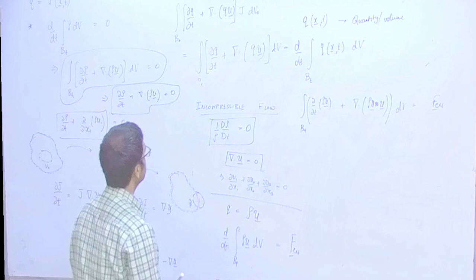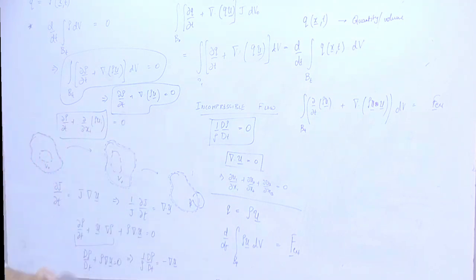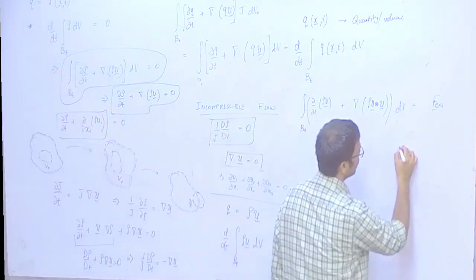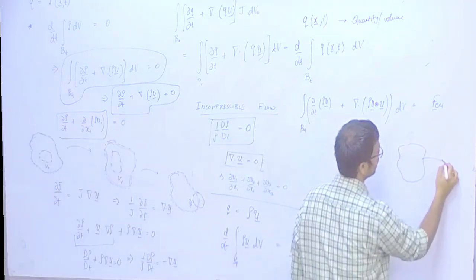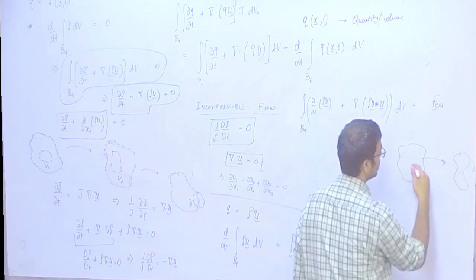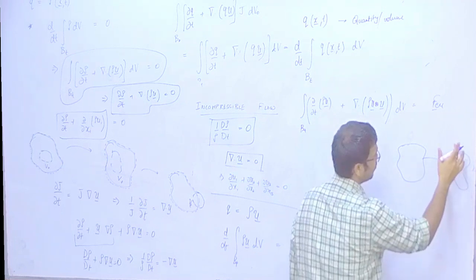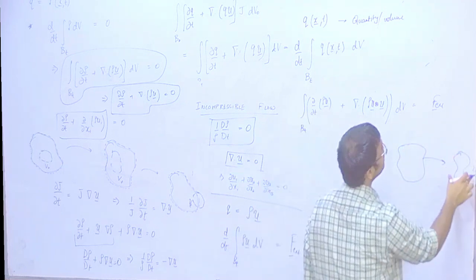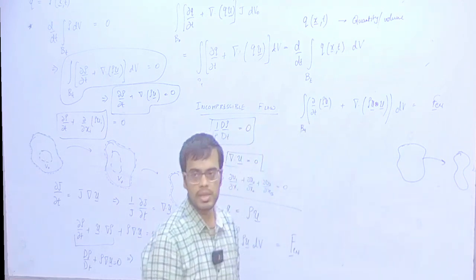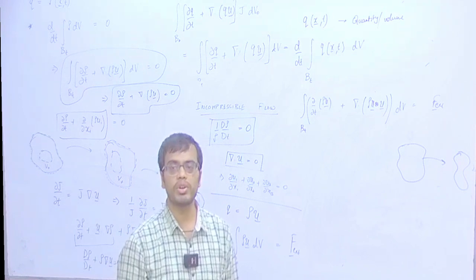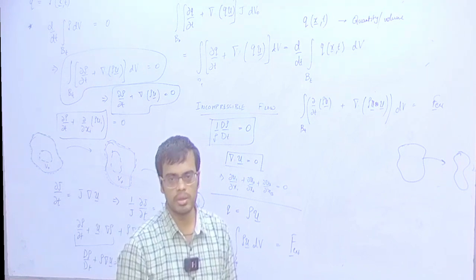Now this is not really the final form of the momentum equation as it turns out. The idea is that when you have a blob of fluid that is deforming, there are further distinctions in what kind of forces are being exerted that you can make. For example, if there is gravity, gravity is by virtue of mass of this blob.